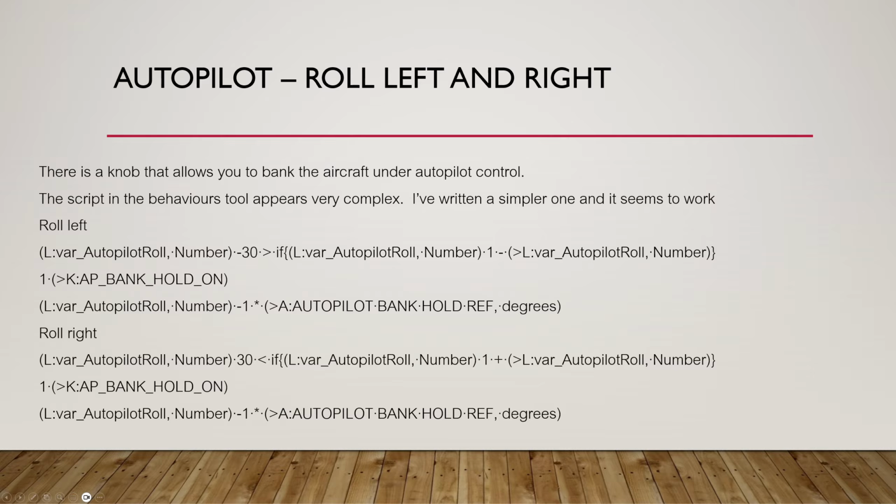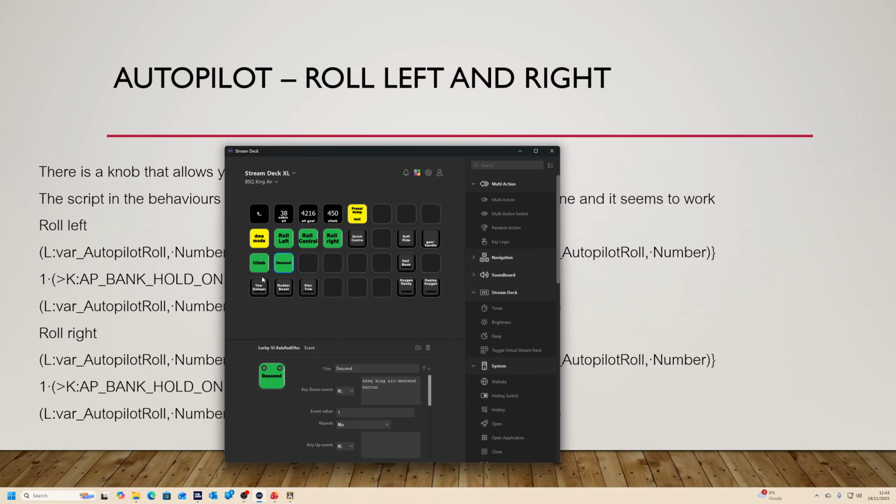So in my Stream Deck, I've got my roll left and roll right, and I can show you that working. If you look at the behavior and look at the roll left and roll right, they've made it more complex or more accurate.